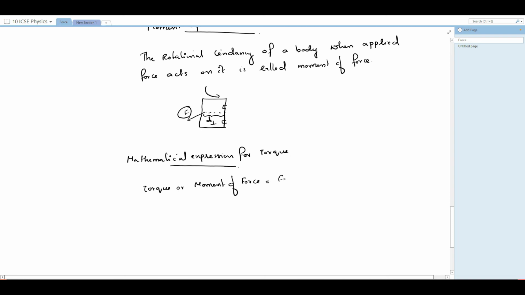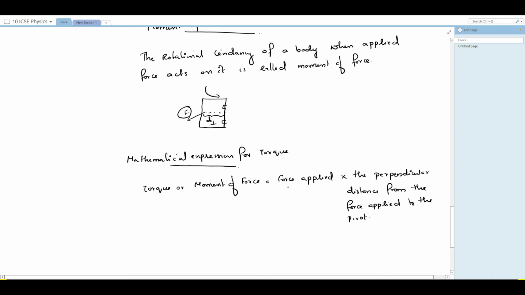So force applied times the perpendicular distance from the force applied to the hinges or pivot. I hope you have no doubt in this.